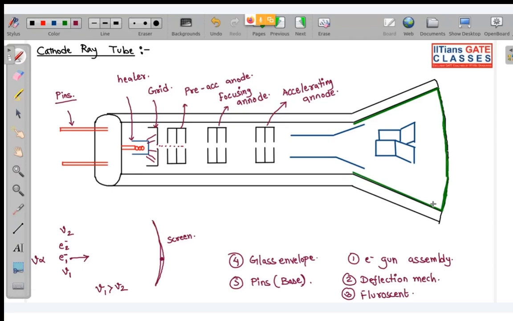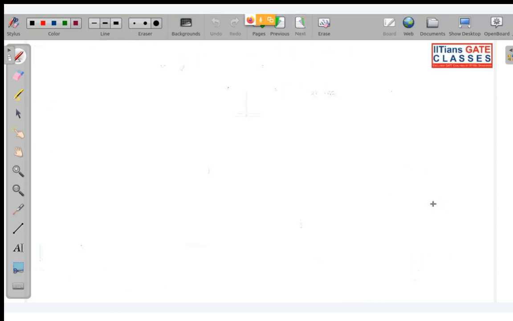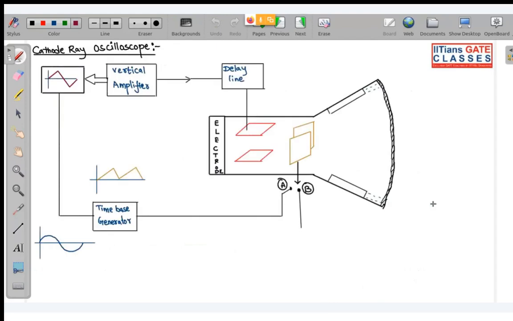Inert gas means, last year I also didn't discuss all these things, but there was one question, and thankfully I had discussed that point while I was discussing it last year in instrumentation. A very simple, theoretical question was asked: this is the horizontal plate, this is the vertical plate, which causes X deflection?